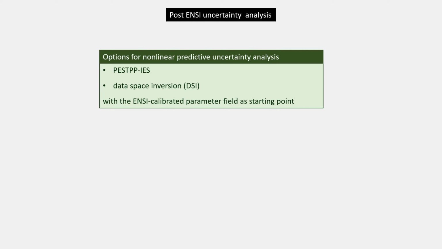For example, PPIES and data space inversion. They can be used starting from the calibration field that Ensemble space inversion has given us. That can increase their efficiency and alacrity in quantifying the uncertainties of parameters and decision critical model predictions.